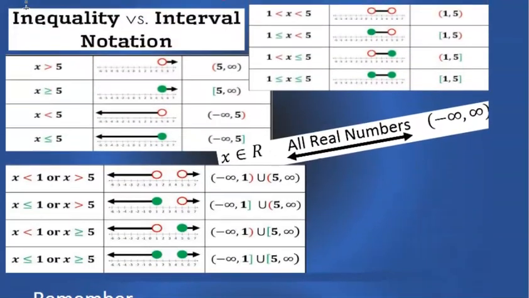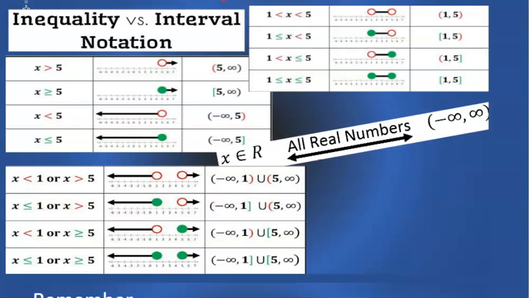Inequality versus interval notation. So again, in Algebra 1, you'll mostly see inequality notations. In Algebra 2, you'll mainly see interval notations. They mean the same thing, they're just written differently. So for example, we have x is less than or equal to 1 or x is greater than or equal to 5.